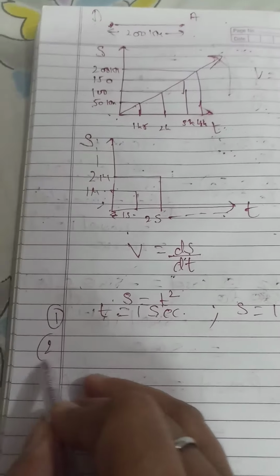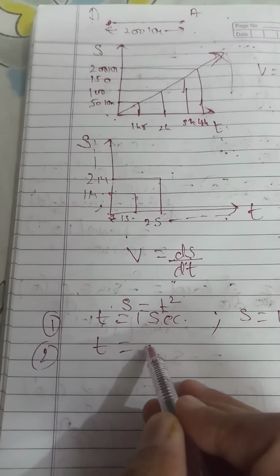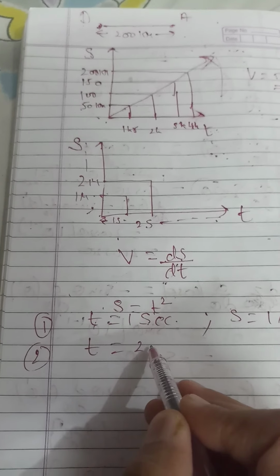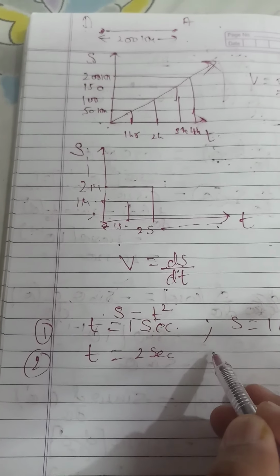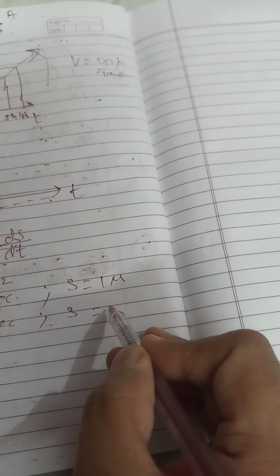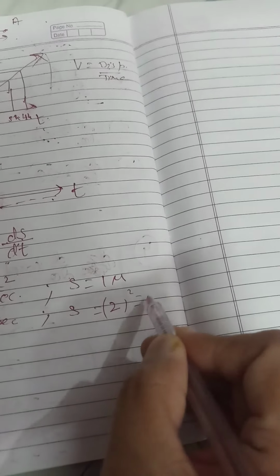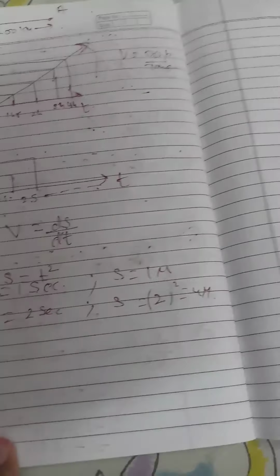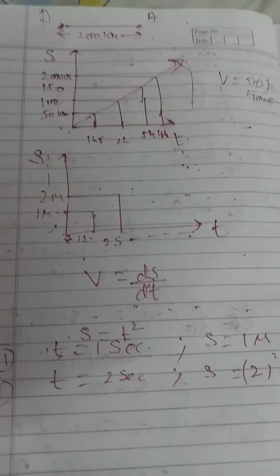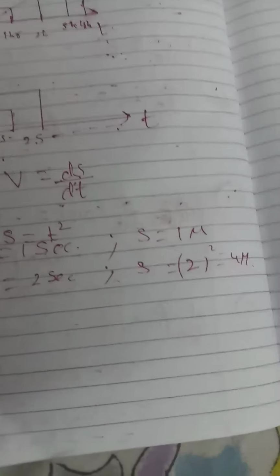Now in the second case, suppose time is 2 seconds. So my distance s will be 2 square, that is 4 meter. Are you getting my point? It means if I change the value of time t, my distance is changing accordingly.